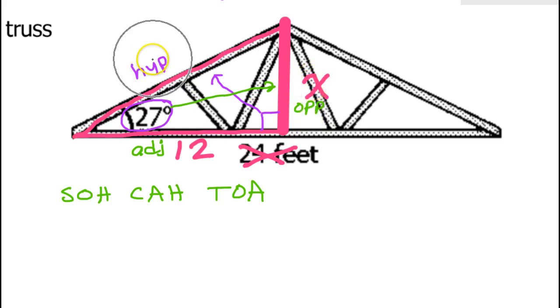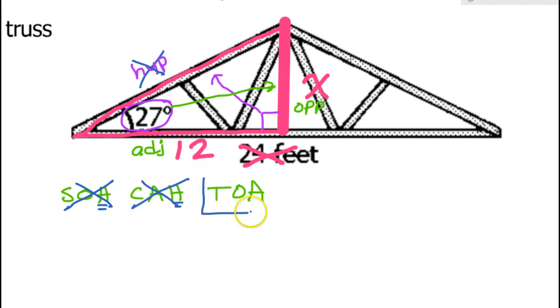Got to keep that. The hypotenuse has got absolutely nothing going on. We don't know what it is, and we don't want to know what it is. Forget about it. See how the sine formula and the cosine formula both involve that useless hypotenuse? We're going to throw those out. And that leaves TOA, tangent. Tangent is opposite over adjacent. So that's the one we're going to wind up using.